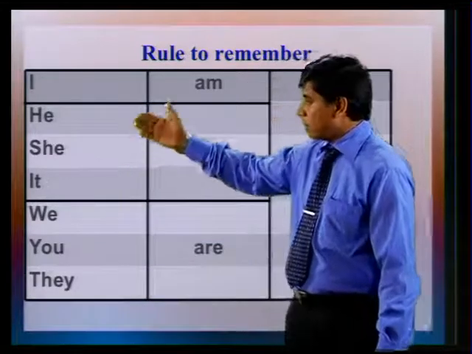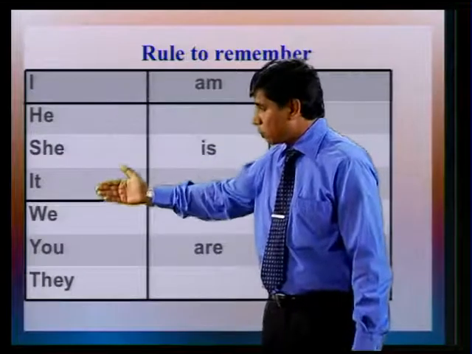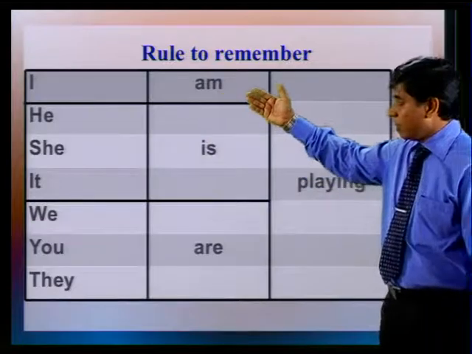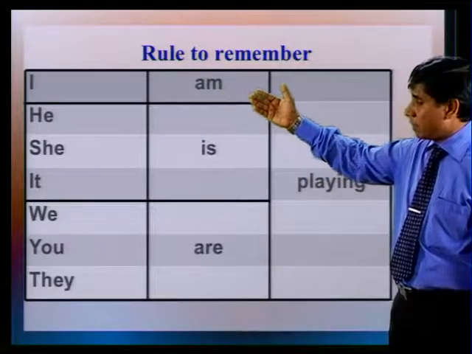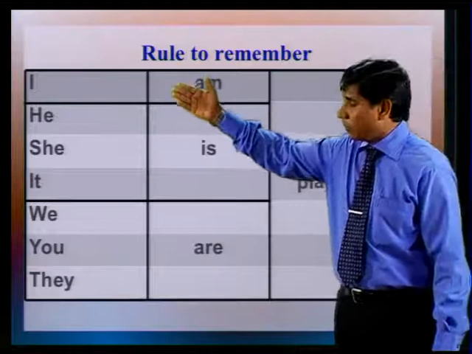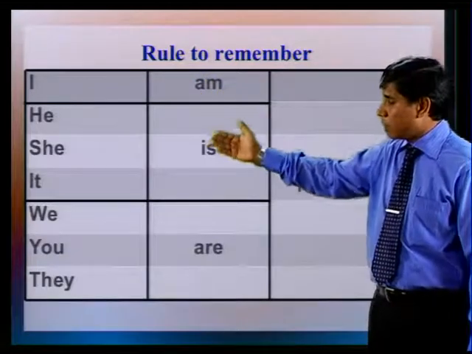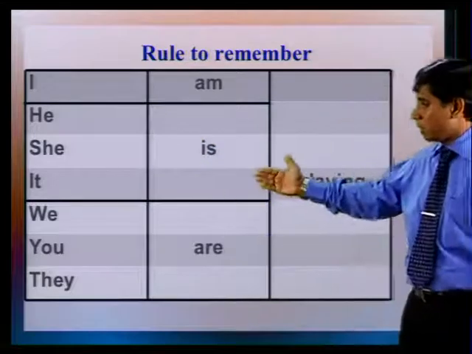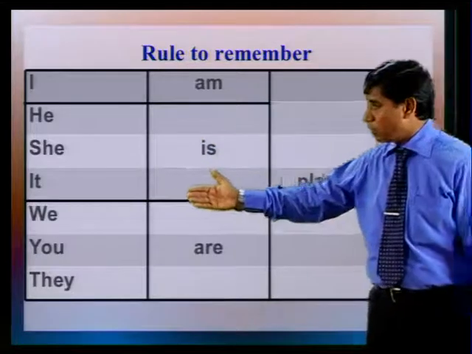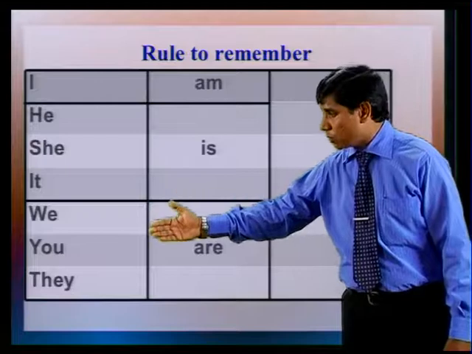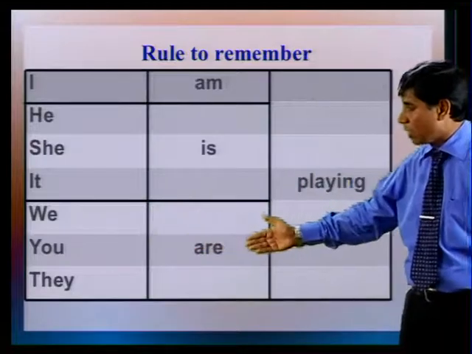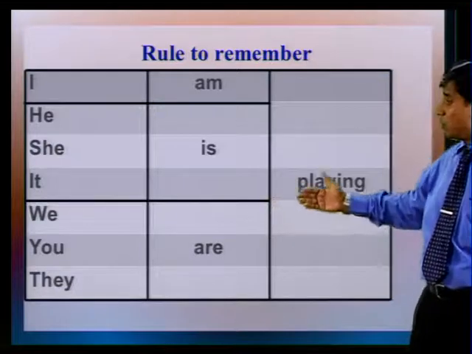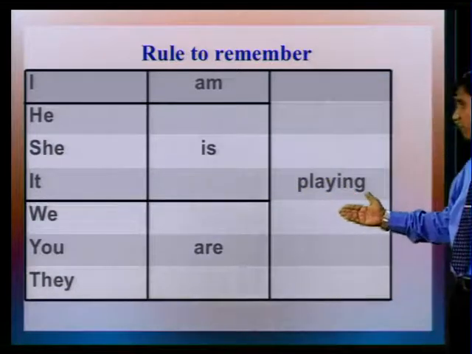So when you start a sentence using one of these words, you have to use another word with them. Okay? So remember, when you start the sentence using I, you have to use am. And when you start the sentence using he, she or it, you have to use is. And if you are using we, you, they to start the sentence, you have to use are as well. Okay, clear? Then only you have to use the ing form of the verb.